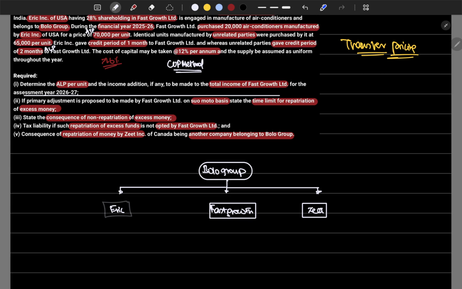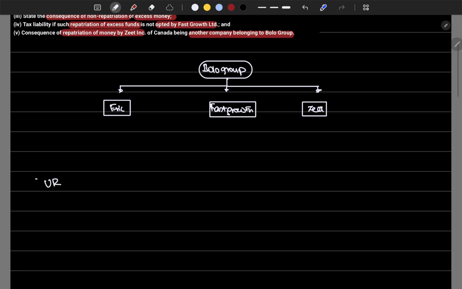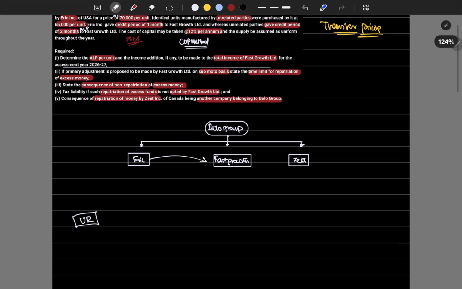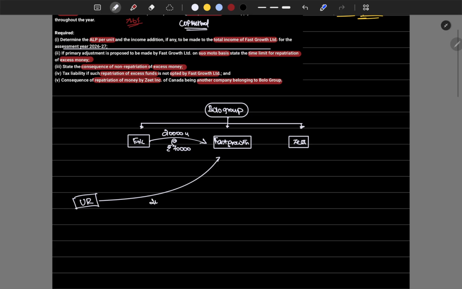The unrelated party is here. Eric is selling 20,000 air conditioners at rupees 70,000. The unrelated party is transferring 20,000 units at rupees 65,000. So this is the ATP, actual transaction price, and this is the ALP, arm's length price.